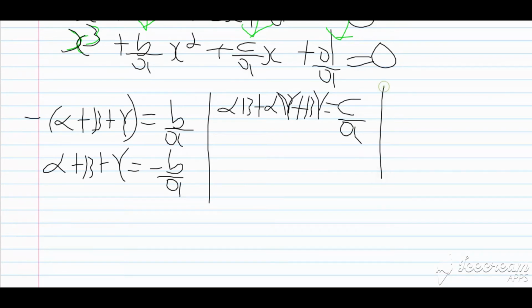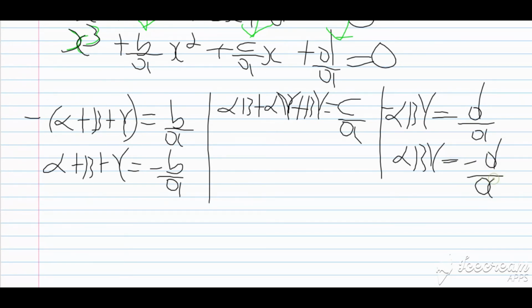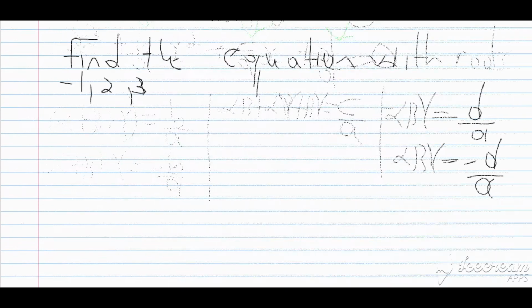And the product of the roots, which is alpha beta gamma, and bear in mind that this was negative, would be equal to d over a. So I could simply say that alpha beta gamma is equal to negative d over a. All right. So we have drawn a comparison now between the coefficients and the roots themselves.